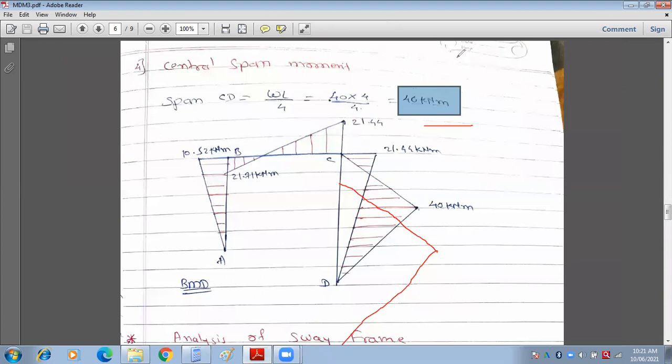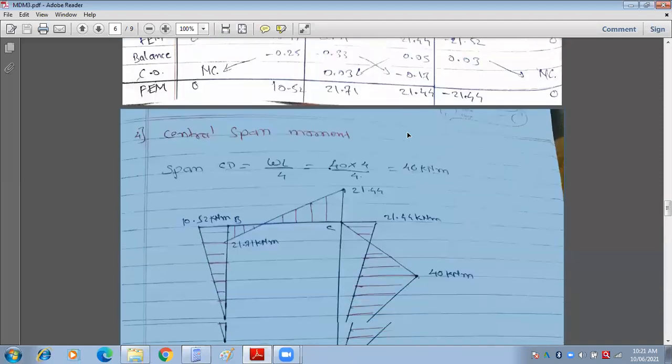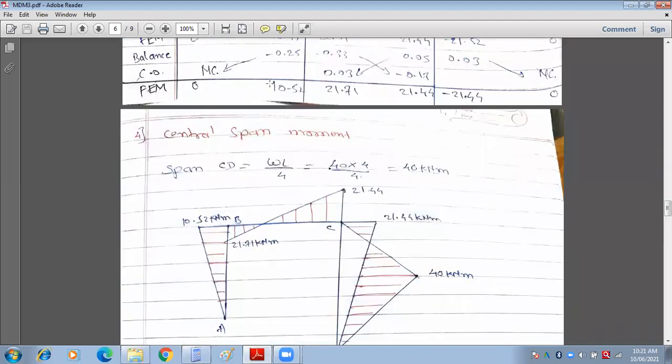Now let us see here first the fixed moments. This one intensity is 10.5, 0 here is 0, therefore this moment is 0 over here and 10.5 over here, joined by a straight line. Now here 10.5, this value is 21.21 for the BC, and this one is 21.4, this will be over here, and this is 0, bottom value 0.